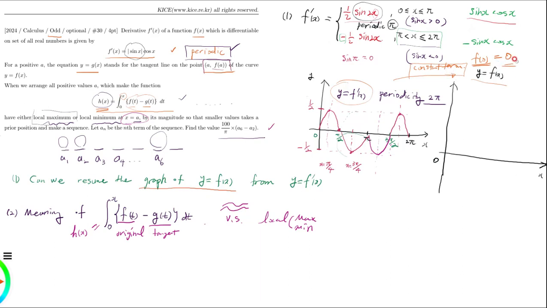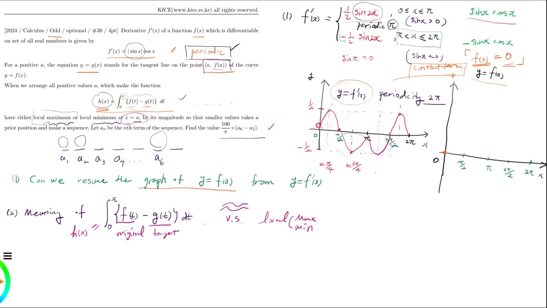Without loss of generality I can assume that f of 0 is 0. So it starts from the origin, and let's consider from 0 to 2 pi, because the periodicity of the antiderivative is 2 times pi. So the original graph f of x repeats. Okay.